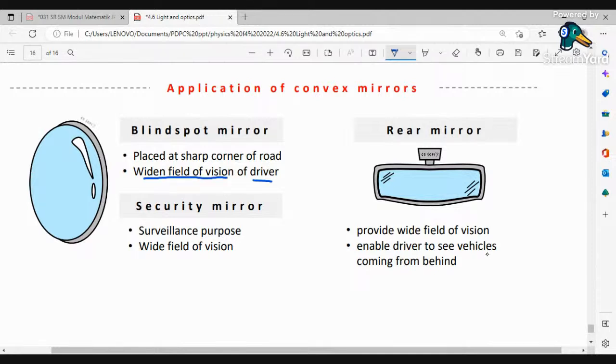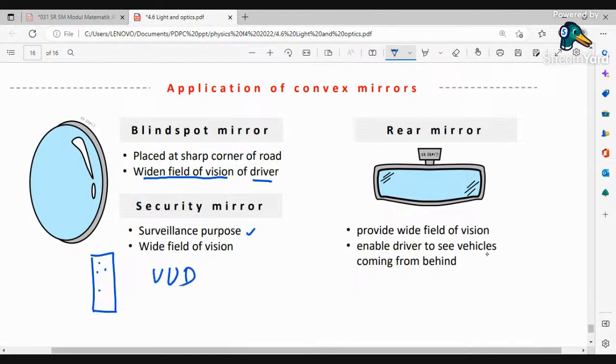It widens the field of vision of the driver. You can see the image of the object behind the obstacle. You can see what is hidden if you put a mirror there. Security mirror, for surveillance purposes, in shops they put a convex mirror at one spot, so they can see all parts of the shop in the mirror. Why? Because it widens the field of vision. The image becomes smaller. If the image is smaller, it means you can look at more area. That is what widen field of vision means.